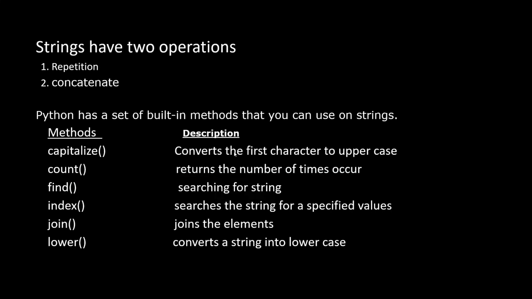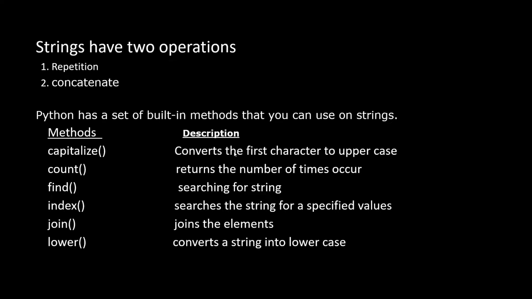And there are two operations based on strings: repetition and concatenation. These operations are widely used, and in upcoming videos we can discuss them in more depth. Python has a set of built-in functions that can be used on strings.